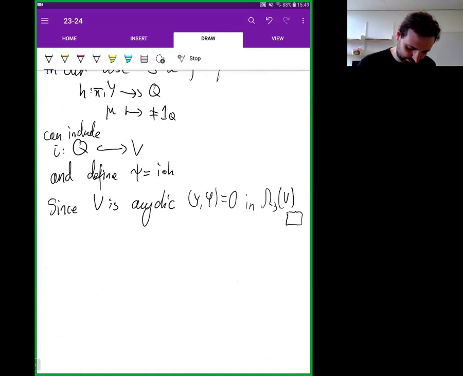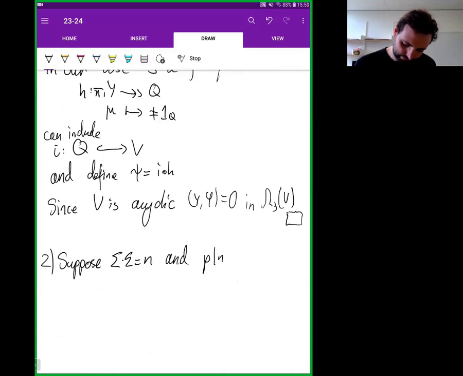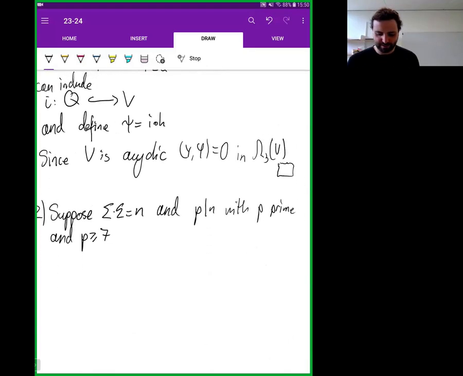So maybe just one other example. It's the same sort of trick. Suppose sigma dot sigma equals n, and p divides n with p prime and p at least 7. Then there's two facts.